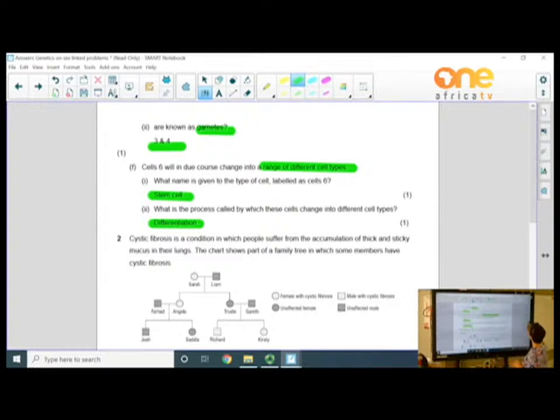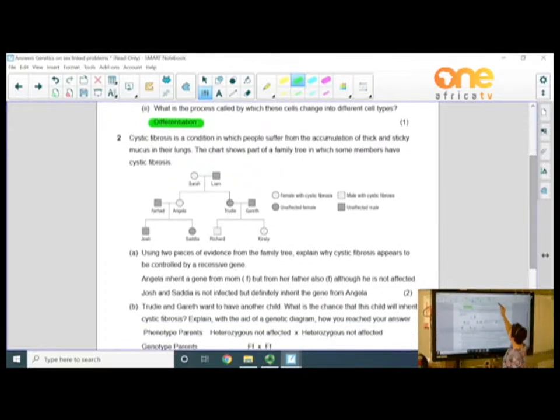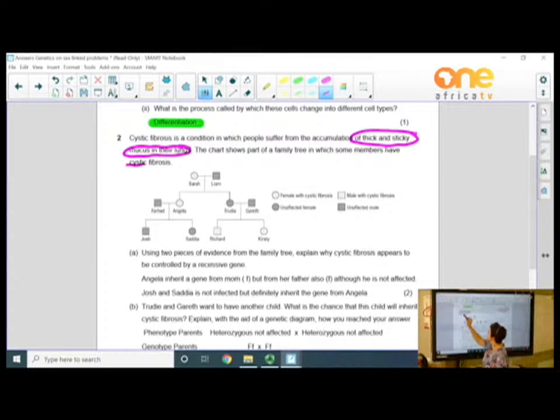Cystic fibrosis is a condition in which people suffers from the accumulation of thick and sticky mucus in their lungs. Cystic fibrosis.